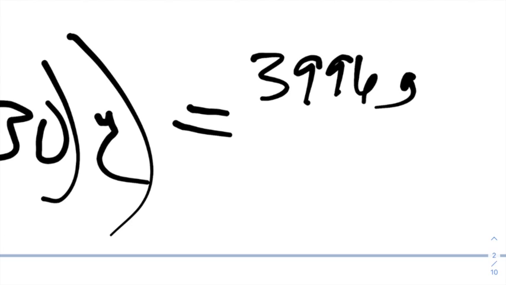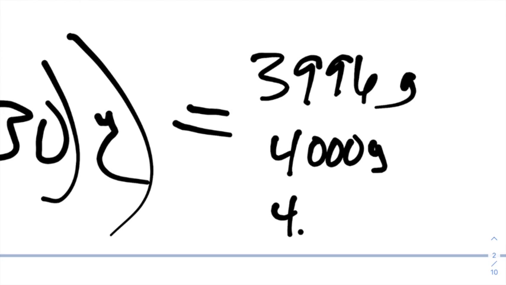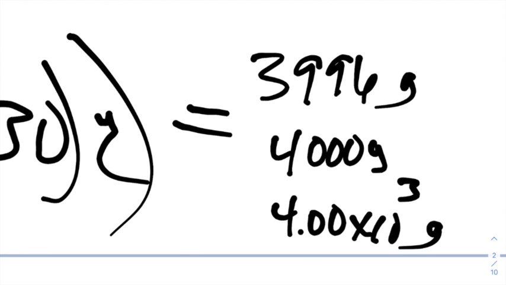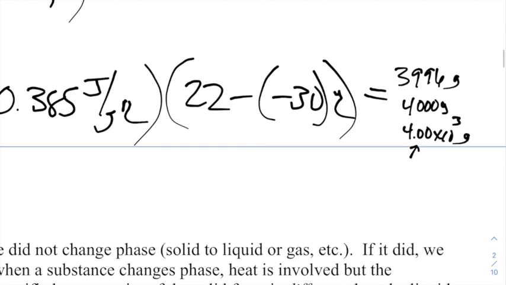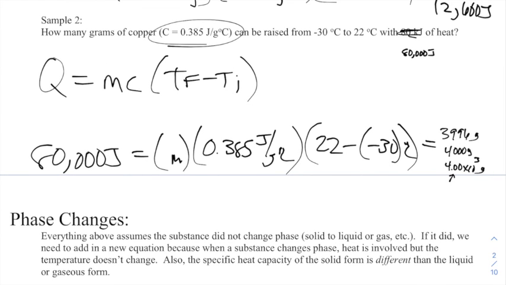We have a goofy situation here. That would be 4,000 grams, but that's only 1 significant figure. So 4.00 times 10 to the 3rd grams. That now gets me 3 significant figures. So about 4,000 grams of copper there.